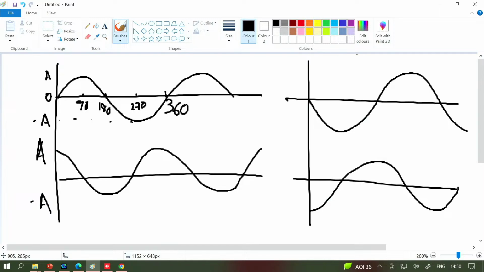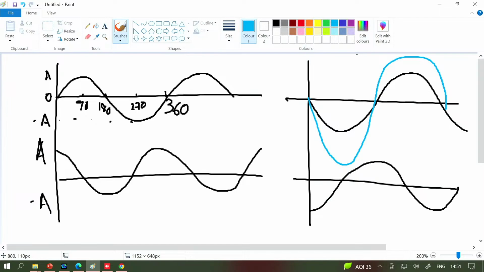So, now let's consider another case. What is the phase of this blue one? Treat it as approximately touching this. This is as best as I can draw.